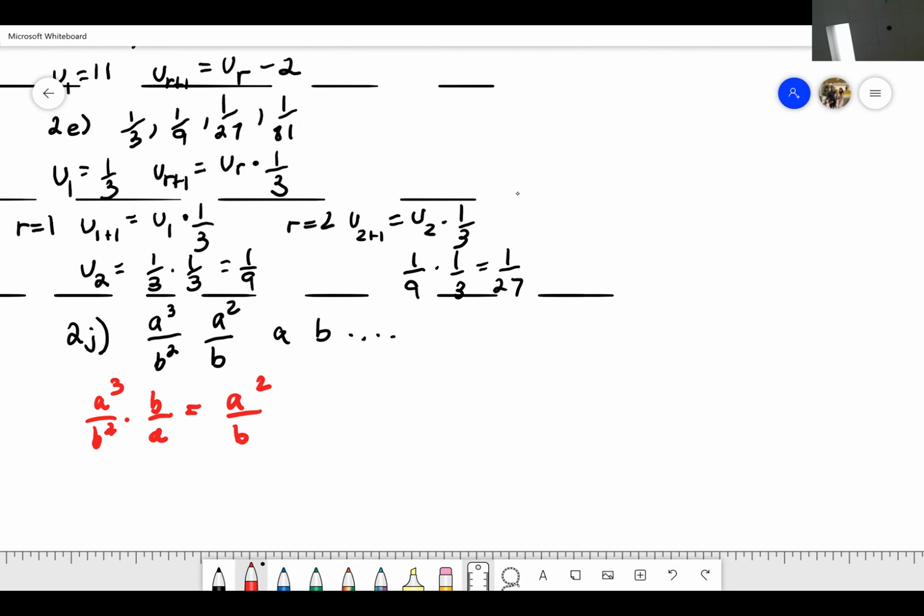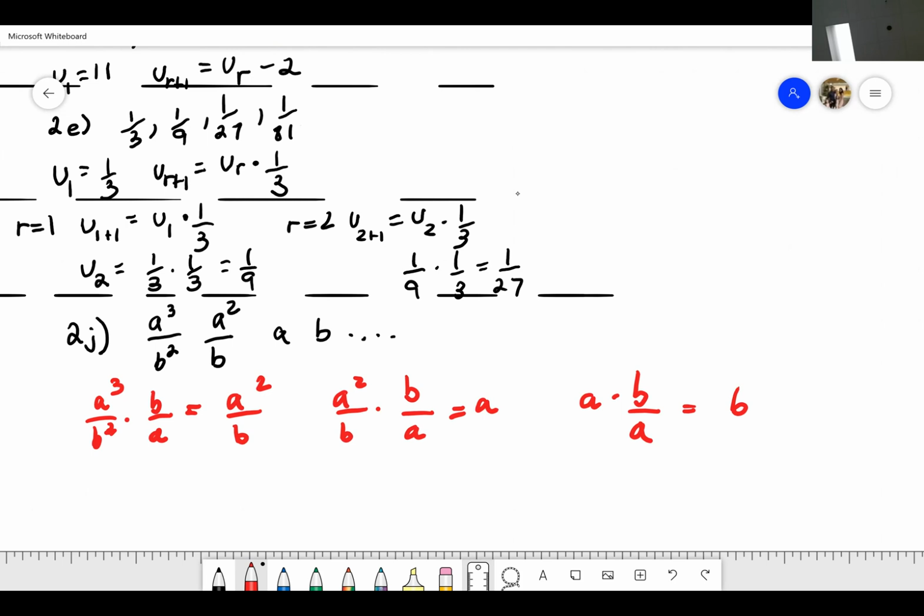Does that make sense? And then I take a to the second and multiply it again by b over a, the b will cancel, but we're left with an a. And now we take a and multiply it by b over a, the a cancels and we're left with b.